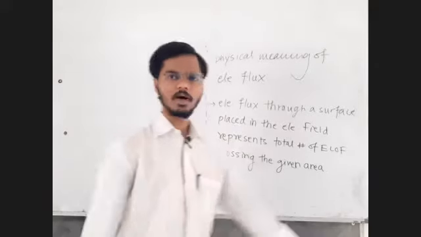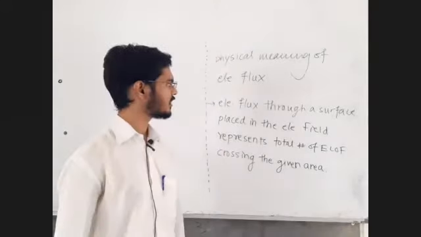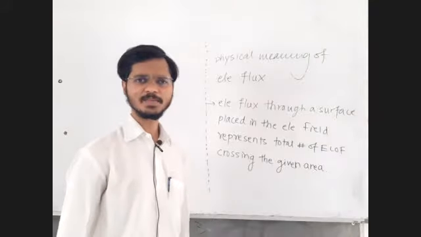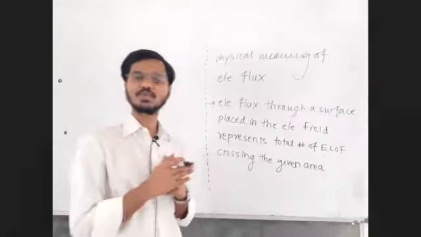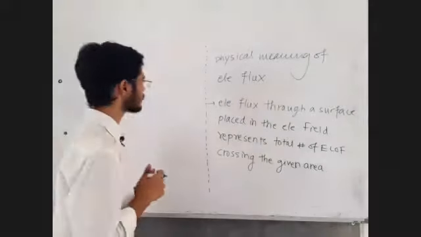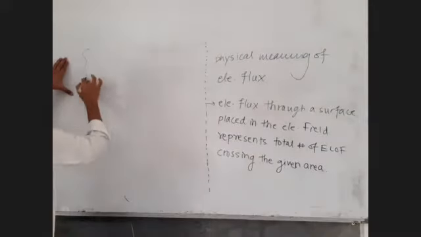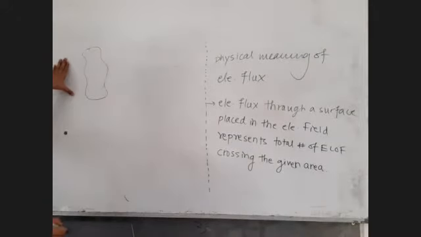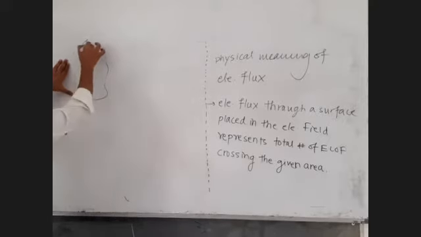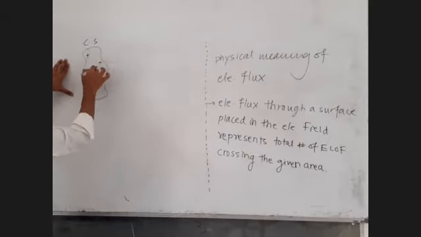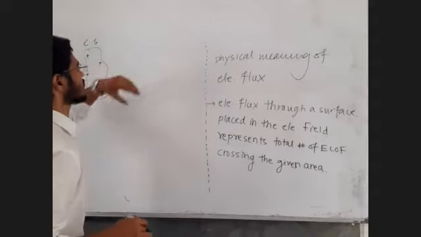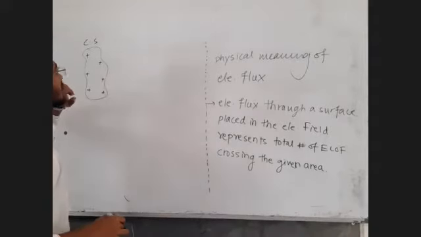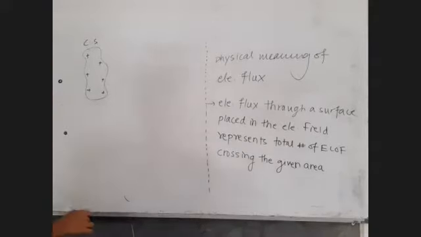It means there exists one more definition for electric field. What is the basic definition of electric field at a given point? There is some charge system. It may be a point charge, a line charge, a collection of charges, or a charged object. Because of this charge system, there exists a region around it, and in that region there exists something called the electric field.